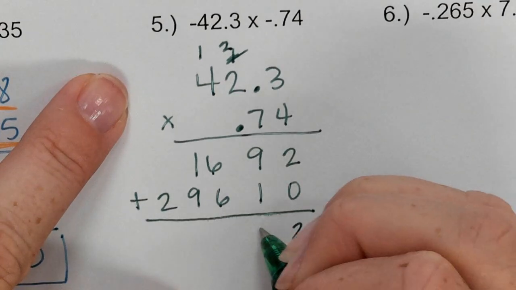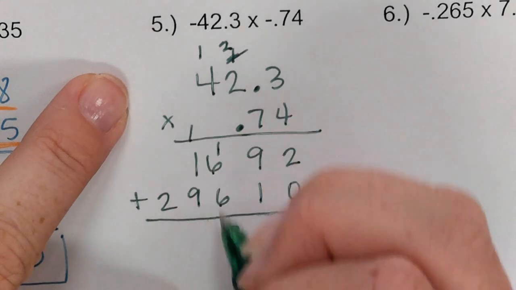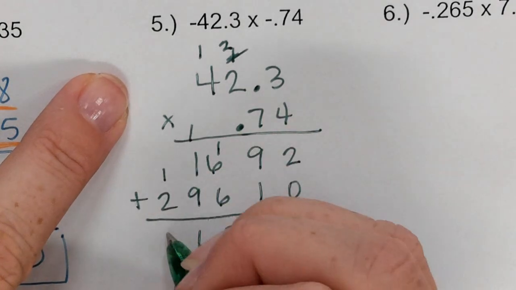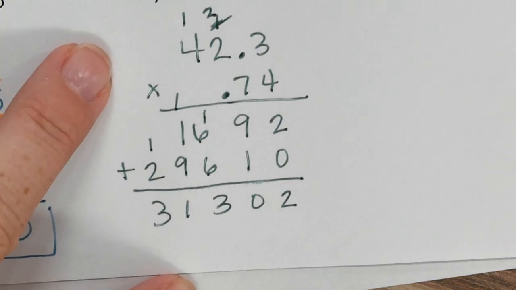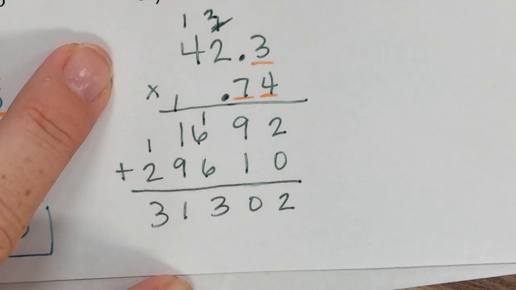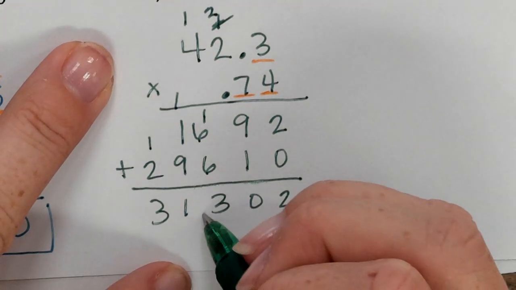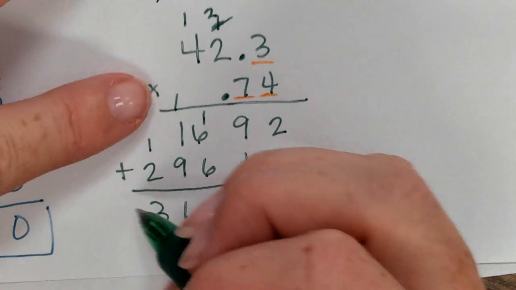So I have 2, 10, 13, 11, and 3. How many decimal places? 3. So 1, 2, 3. And we already said our answer is going to be positive.